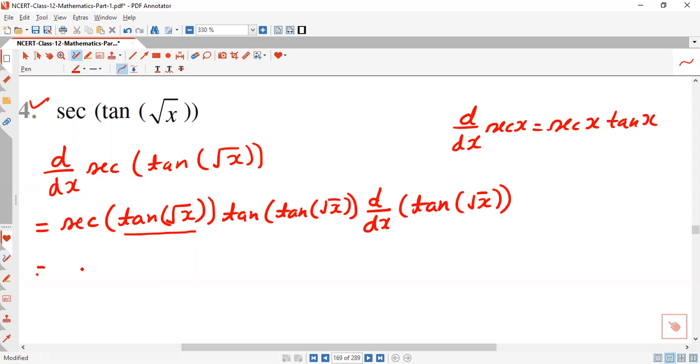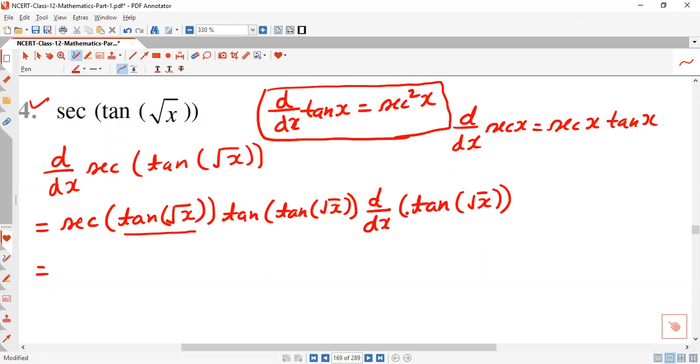So now tan of root x, we see that here is tan x. If you want to do the differentiation of tan x, dy/dx of tan x will come out sec square x. We have this formula.